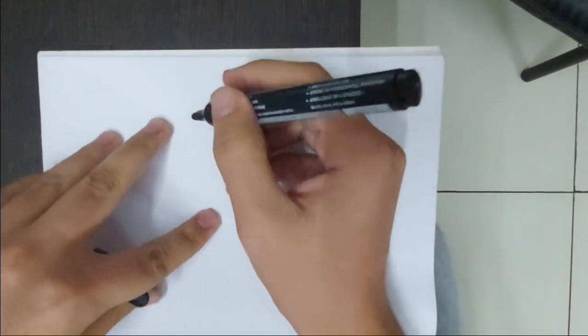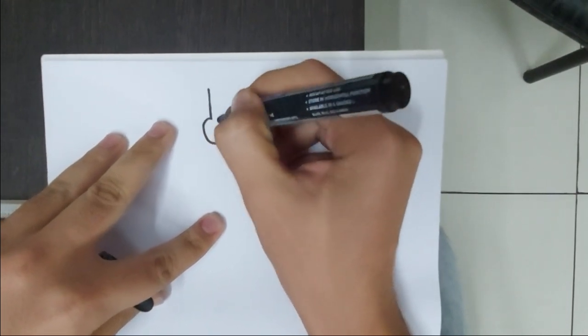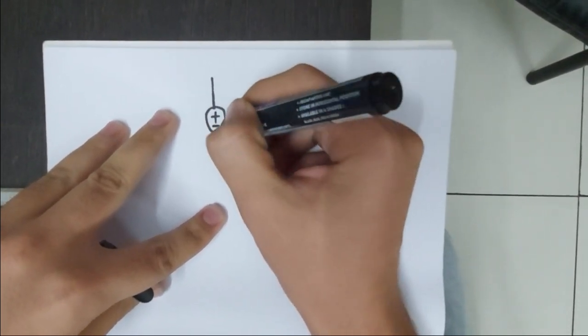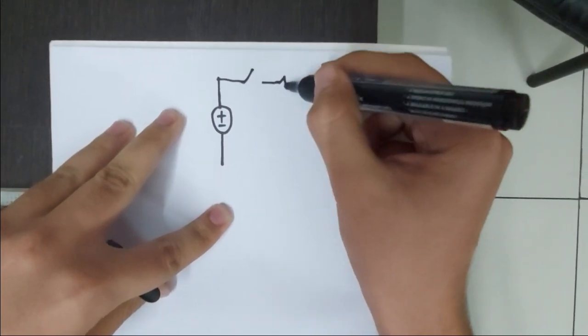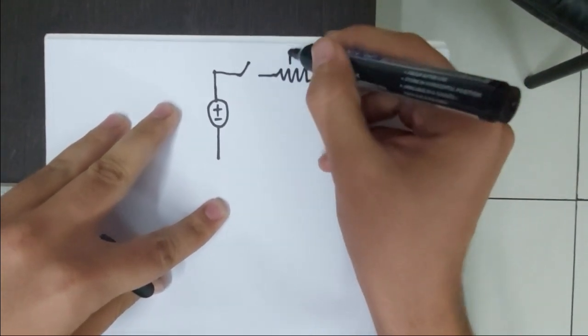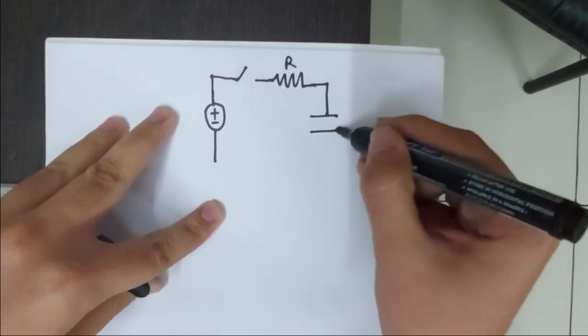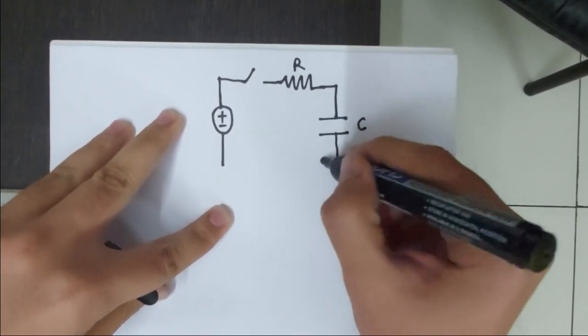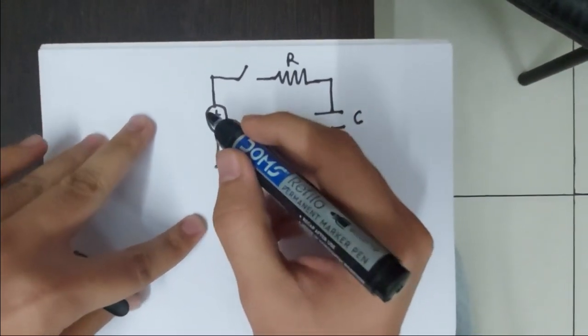Here is a circuit which has a 5-volt source, a switch, a resistance R, and an unknown capacitance C. Let's take the value of the voltage source as 5 volt.